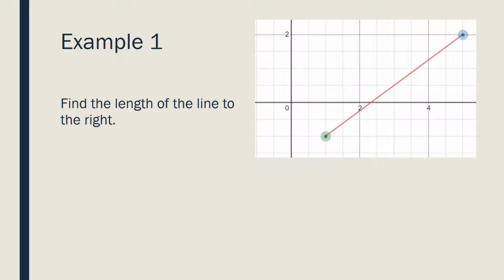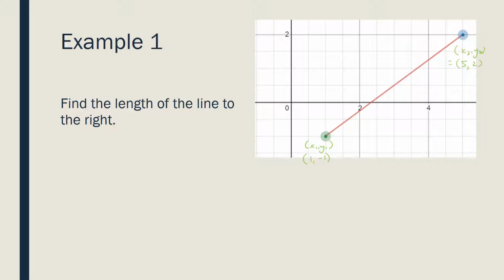Okay, so we're going to use our formula now to find the distance between these 2 points, or the length of the line. Here we have our x1, y1 point, which is going to be 1, minus 1. And we have over here our x2, y2 point, which is going to be the same as 5, 2.